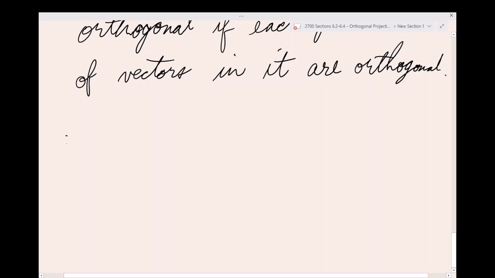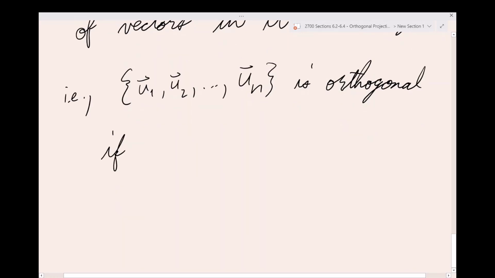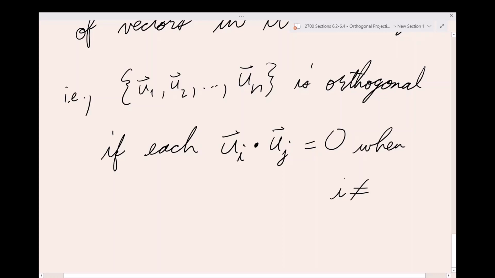So let's write that in a little bit of notation. If I have a set of vectors, let's call them u1, u2, up to some un, then we call it an orthogonal set of vectors if each pair, if I take a u, let's say ui dot uj equals 0, when those are actually two different things in the set, of course.